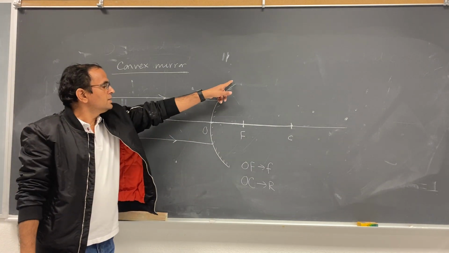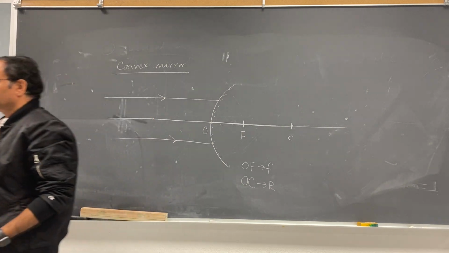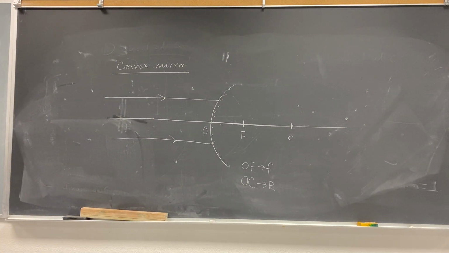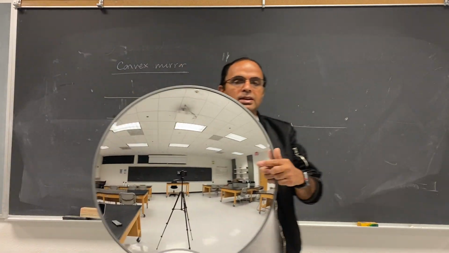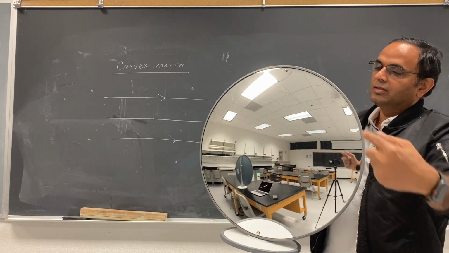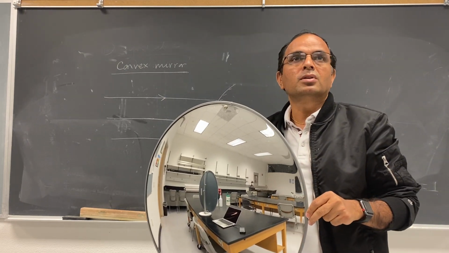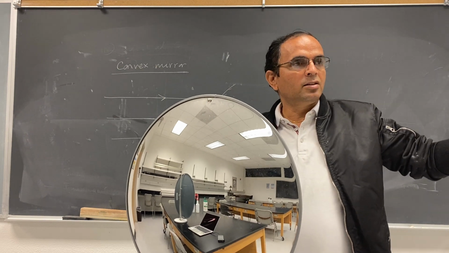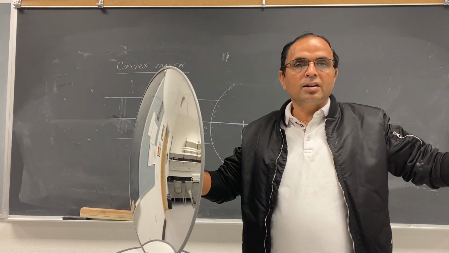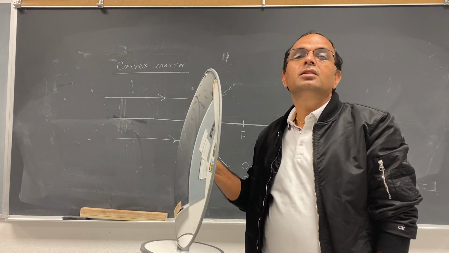This is the convex mirror and this is the reflecting surface. So the ray is coming parallel to this. Like in your car, on the driver side, you have two mirrors there, that is a convex mirror.